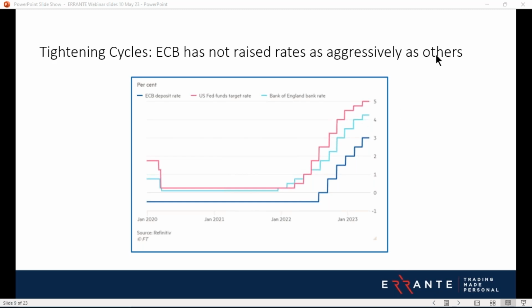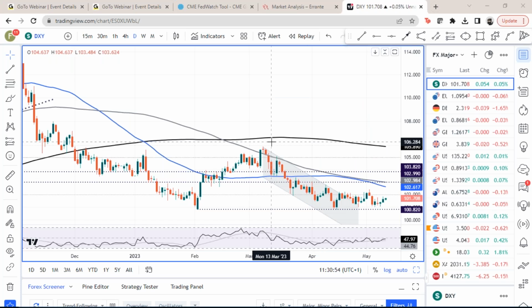I think it's probably worth looking at the DXY chart. It's kind of the opposite of euro dollar. DXY is made up of 6 of the US's main trading partners, and the euro is the biggest weight by far, around 56-57% or so in the DXY index.